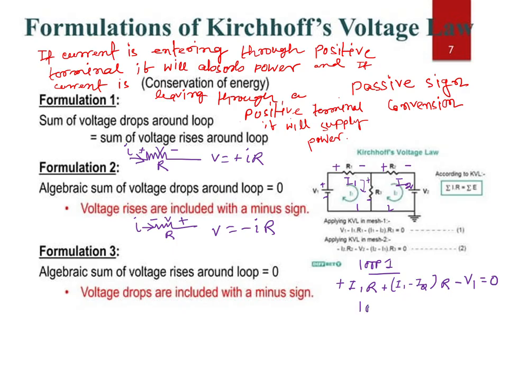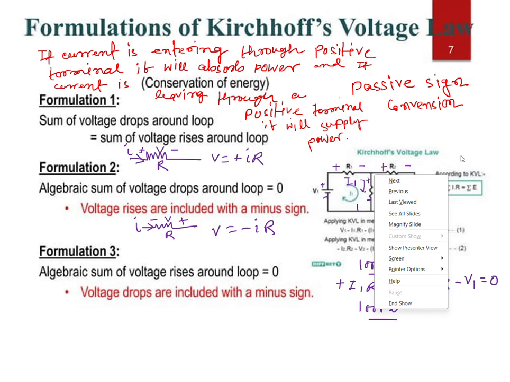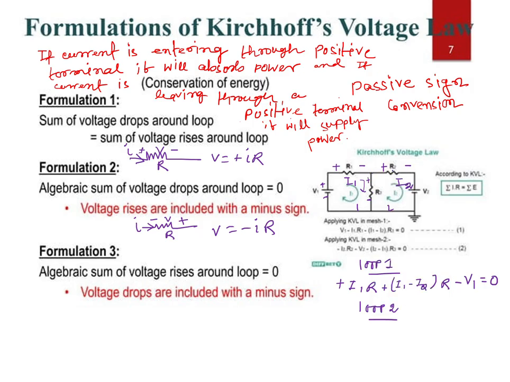Now if I write loop 2, suppose I'm starting from here. I am hitting the plus terminal of R2, so I'll write plus I2 into R2, this is R1, and this is the plus of the battery, so plus V2. Now again I am coming here.